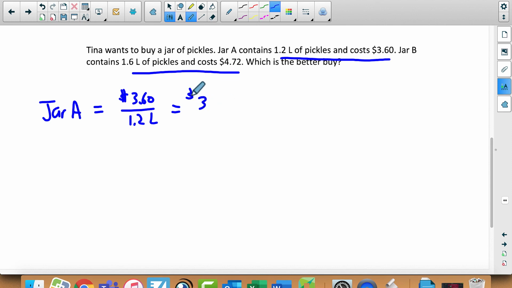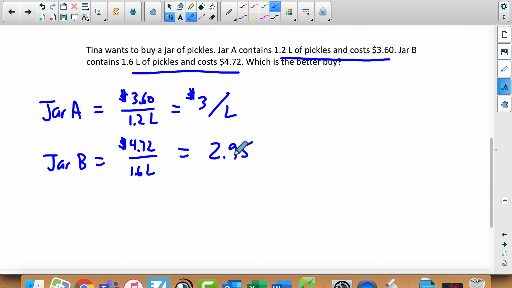So it's $3 per liter. In jar B, the dollar amount is $4.72, and the amount is 1.6 liters. If you divide that, you get 2.95. So again, we divided dollars by liters. So it's $2.95 per liter.